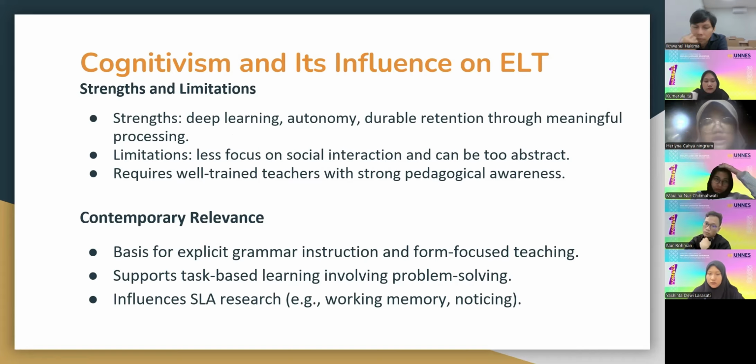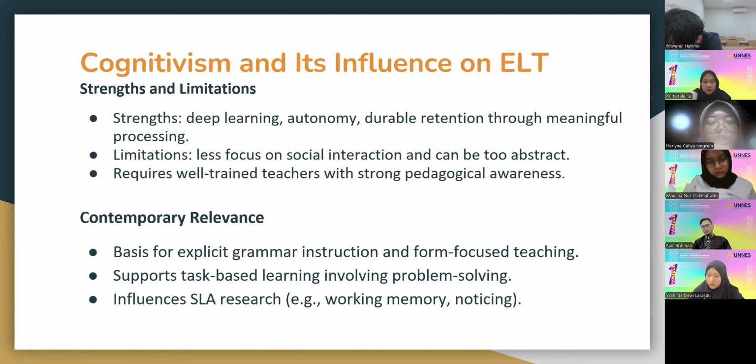The limitation is that the social dimension of learning is neglected, it can appear overly abstract or theoretical, and its success heavily depends on teacher expertise and pedagogical awareness. For contemporary relevance, cognitivism underlines explicit grammar instruction and form-focused approaches, providing the theoretical foundation for task-based learning (TBL) that incorporates problem-solving.